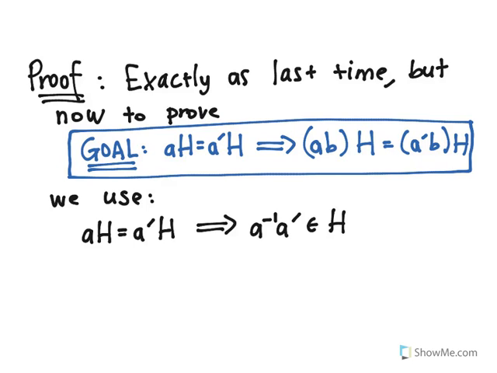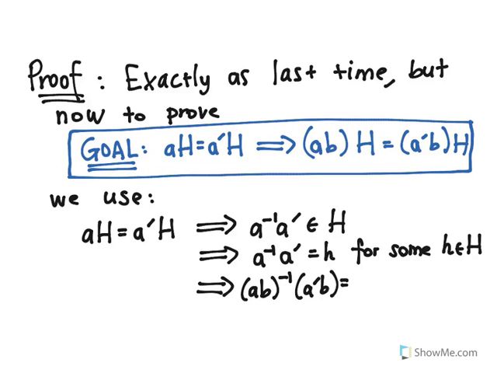In particular, we start by saying, suppose aH equals a'H. Remember, that means that a inverse a' is an element of H. In other words, a inverse a' is equal to lowercase h for some lowercase h in the subgroup capital H. And then we introduce our element b into the picture.